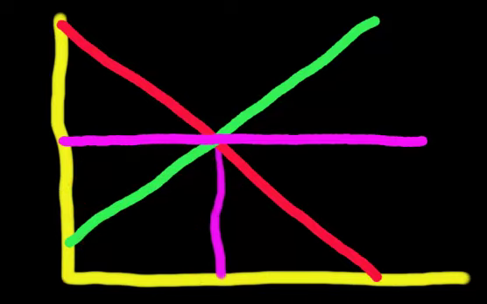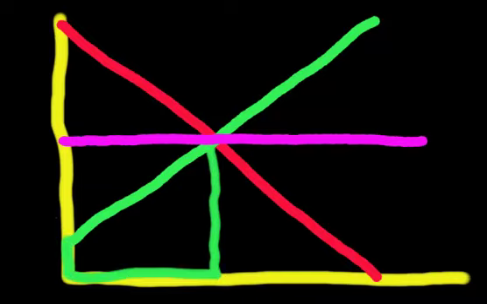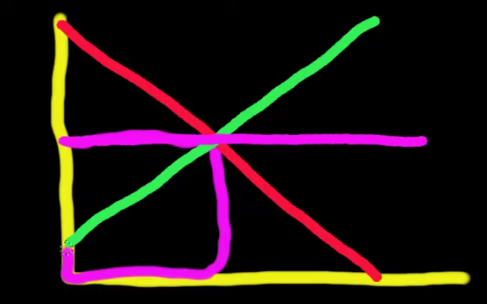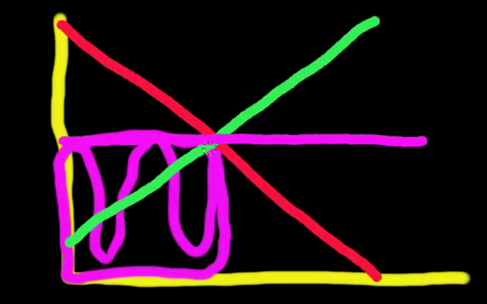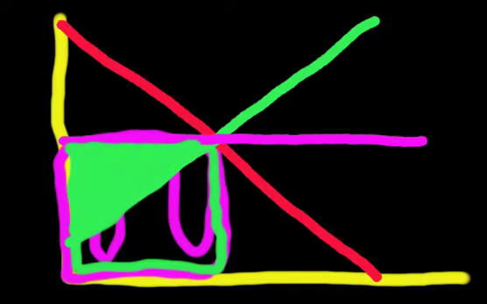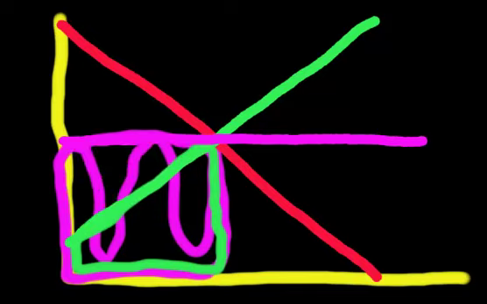But they also have to pay for all of these costs right over here. All right? So they get this big rectangle in revenues right here, but they have to take out of that these costs given right here. Okay? What's left over for them is that region right there, that triangle. That is producer surplus.